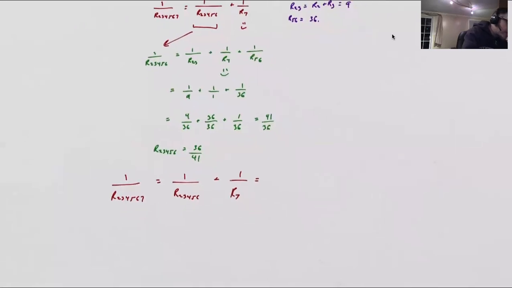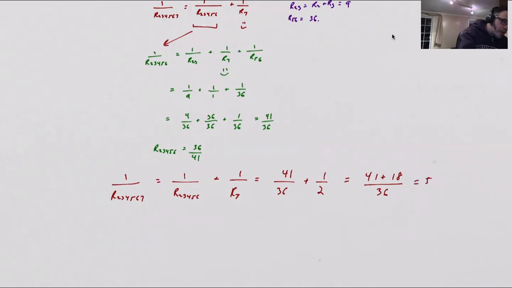And plugging in those numbers, this gives us 41 over 36 plus 1 over 2, which does have a common denominator of 36. So we have to multiply this by 18 over 18. This is 41 plus 18 whole thing over 36, which is also known as 59 over 36.